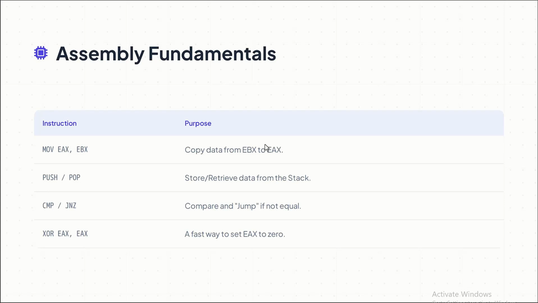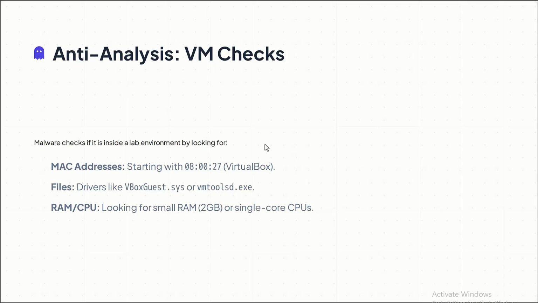And XOR EAX, EAX is the fastest way to set EAX to zero. As a note, when you see an XOR instruction against the same register, the value is always zero. Okay, like this, XOR EAX, EAX, the value is always equal to zero.